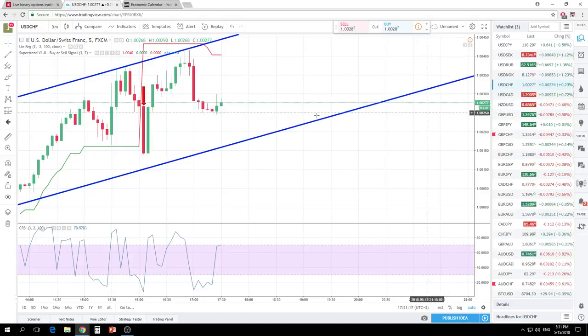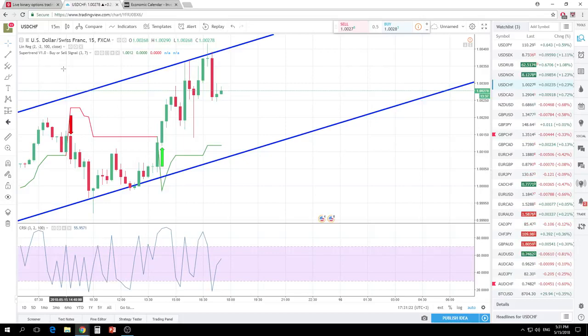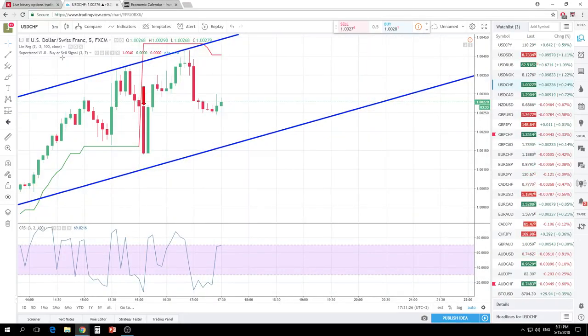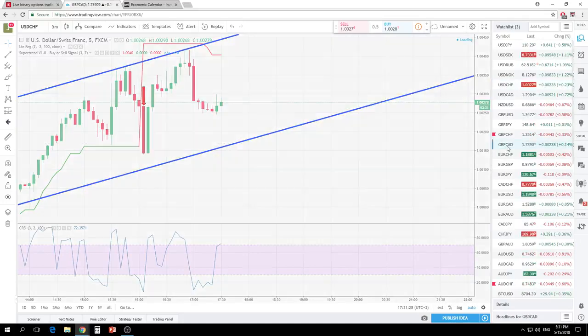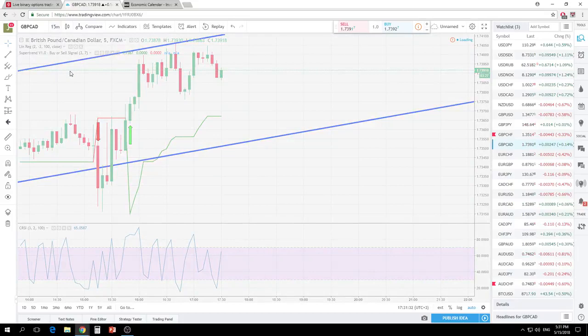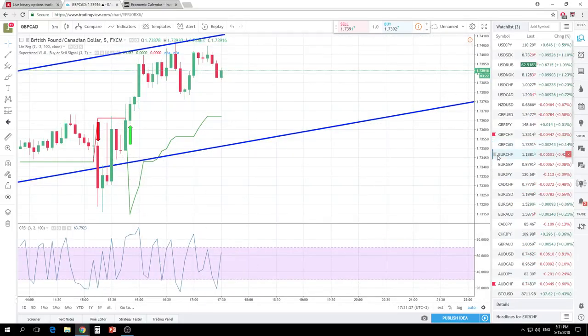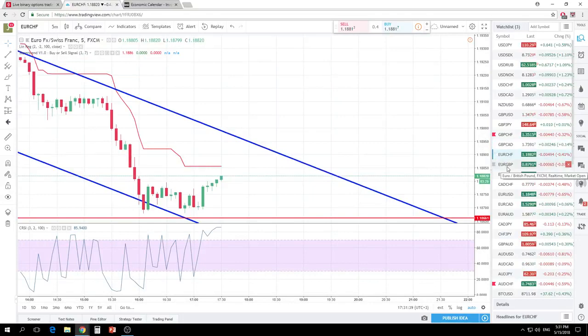USD Swiss franc. Let's see what we have got here. Okay, not really good. GBP Canadian dollar. No. Euro Swiss franc neither.